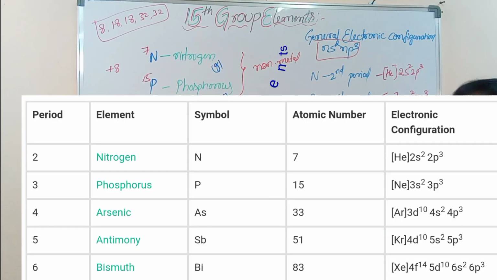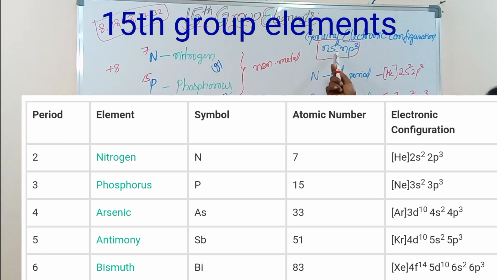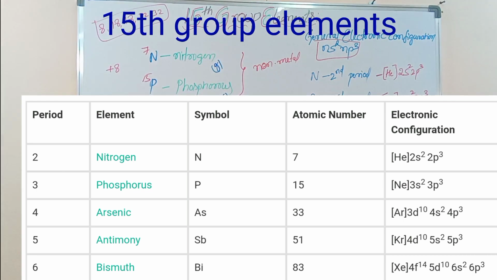These are the electronic configurations. It means noble gas followed by ns2 np3 is the general electronic configuration for the P block, 15th group elements.